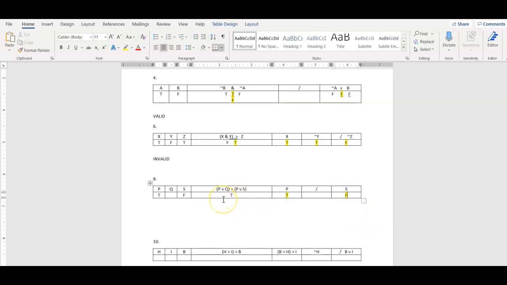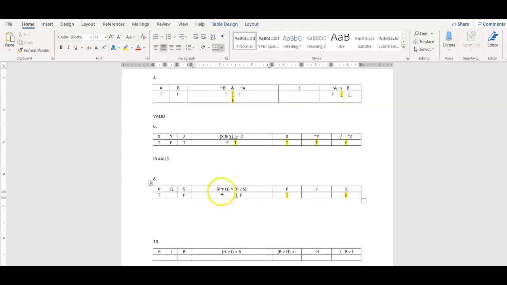So now what's left is this. So if we have P is true, right, and S is false, this is going to come out true.